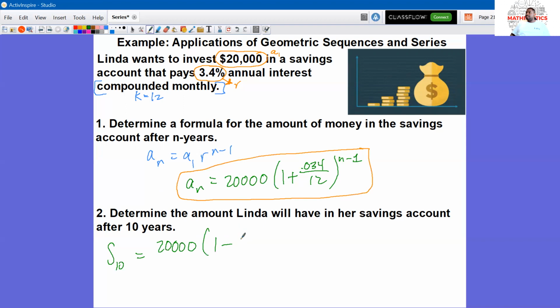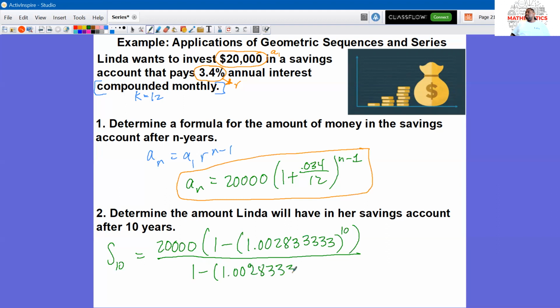So this is going to be 1.002833333 repeating. Over 1 minus 1.002833333. Okay, so let's put that in the calculator, see what she's going to have.